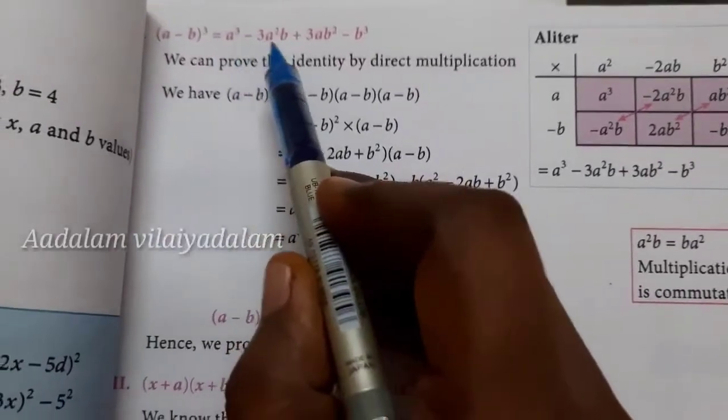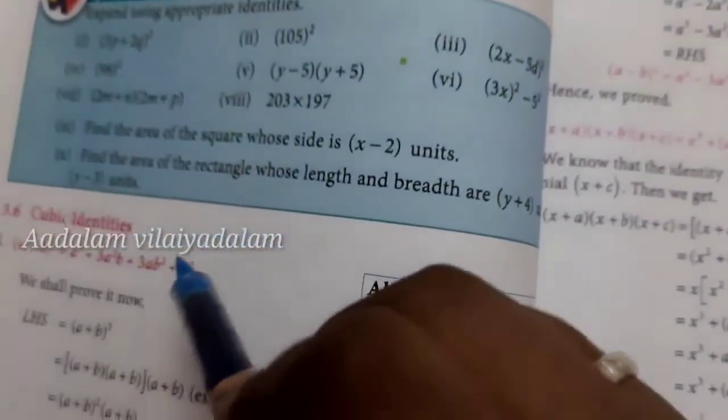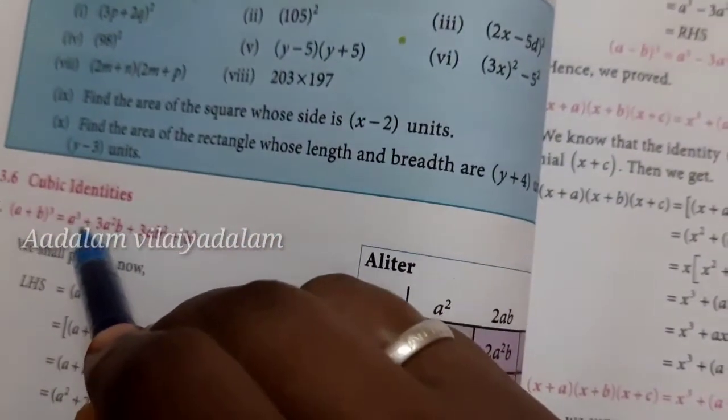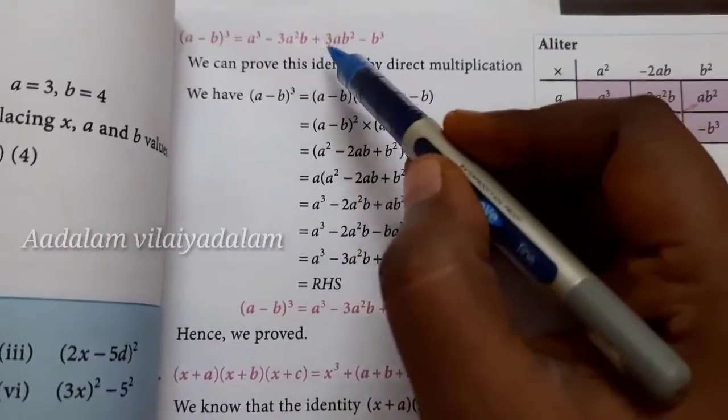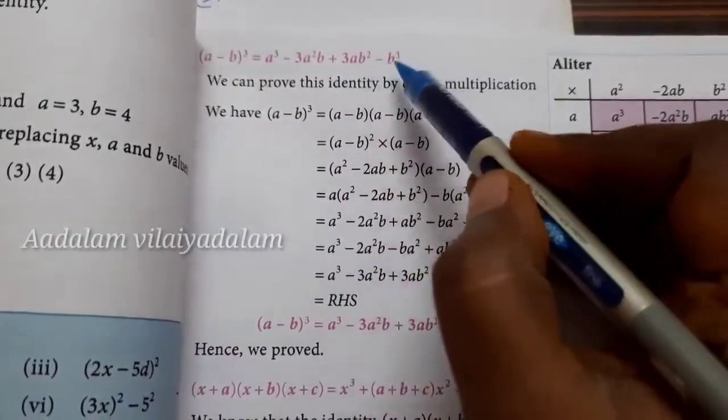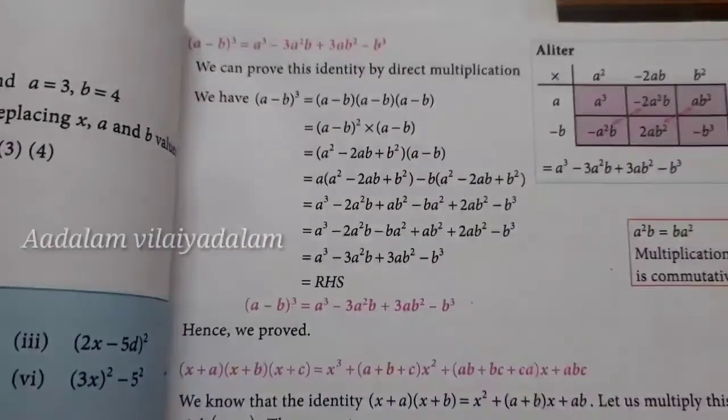So as usual we are going to learn the formula, only we are going to change the minus sign. That is a cube minus 3a square b plus 3ab square minus b cube.